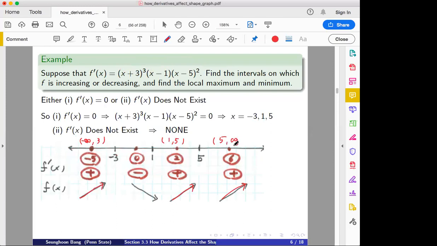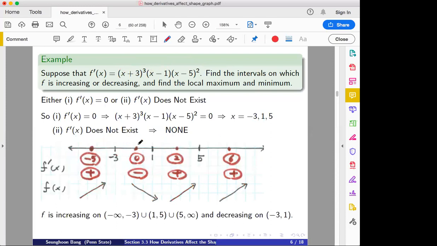And decreasing on only one interval, negative 3 to 1. This is the whole idea.